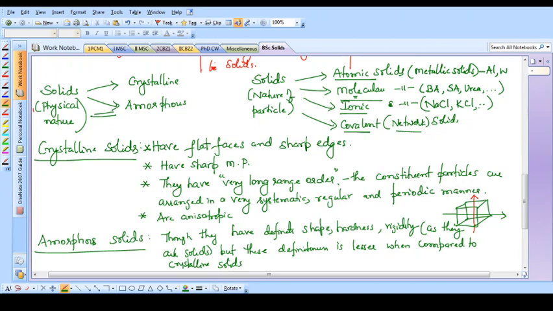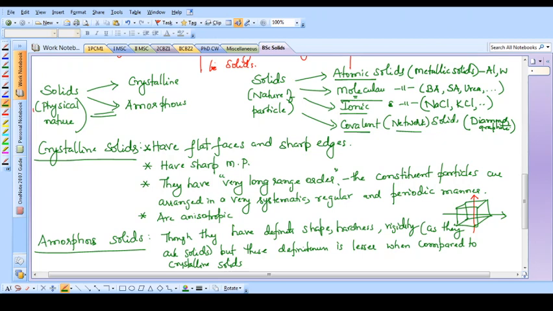And you have the fourth category called covalent solids or network solids. The best examples that we can give are diamond and graphite. They are made up of a simple element, that is carbon, but there is a very large network or arrangement of carbon atoms within the solid.